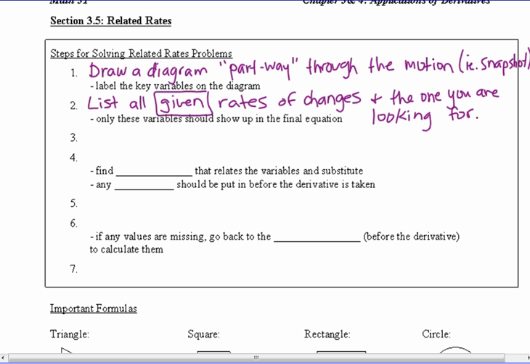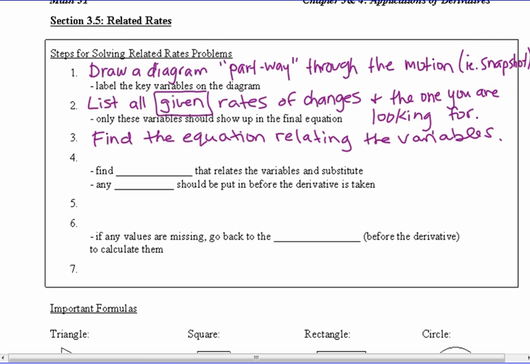Number 3, find the equation relating the variables. If there is a variable that is not in the list, you need to remove it. So remove variables not in the list.